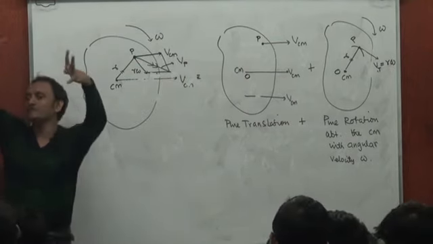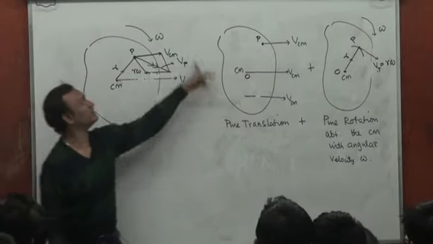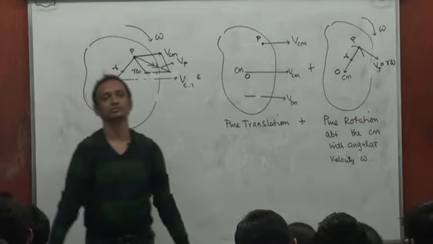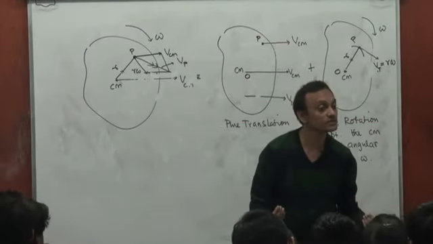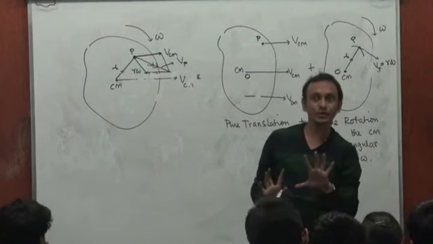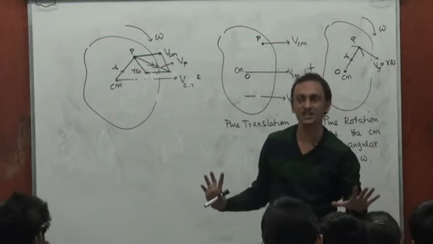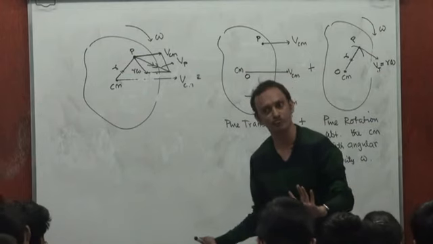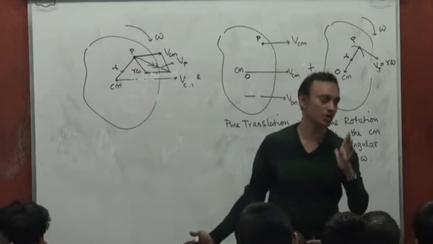So, the entire velocity field is at your disposal. Given Vcm and omega, the entire velocity field is available to you. Are you alright with this? So, Vcm and omega are pretty complete in representation, right? Together, they give you a ground to calculate the velocity of any particle of the rigid body, right?